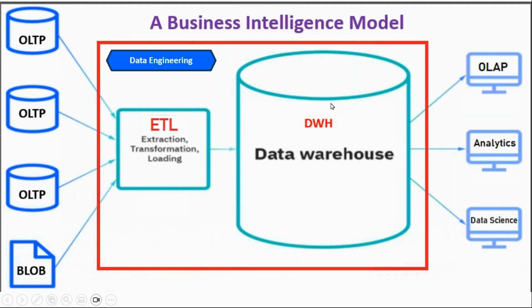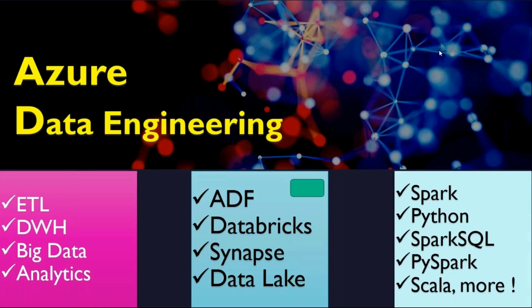To make it simple, in our engineering course, we need to have ETL and data warehouse working together, and big data and analytics working together. These two are actually separate.